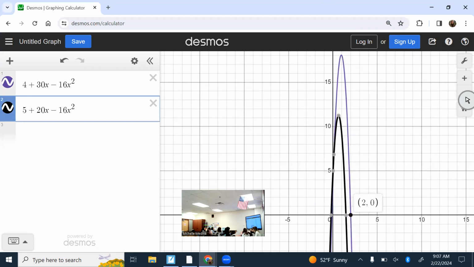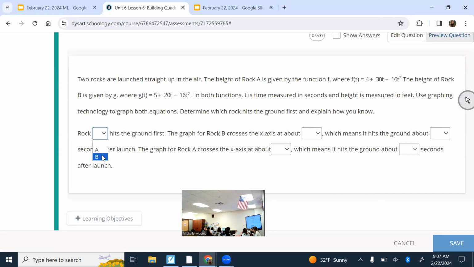So now let's go back to what it said. It's the second equation, rock B, that hits the ground first. The graph for rock B crosses the x-axis at about which one? 1.5 or 2? 1.5, we saw that from the graph.